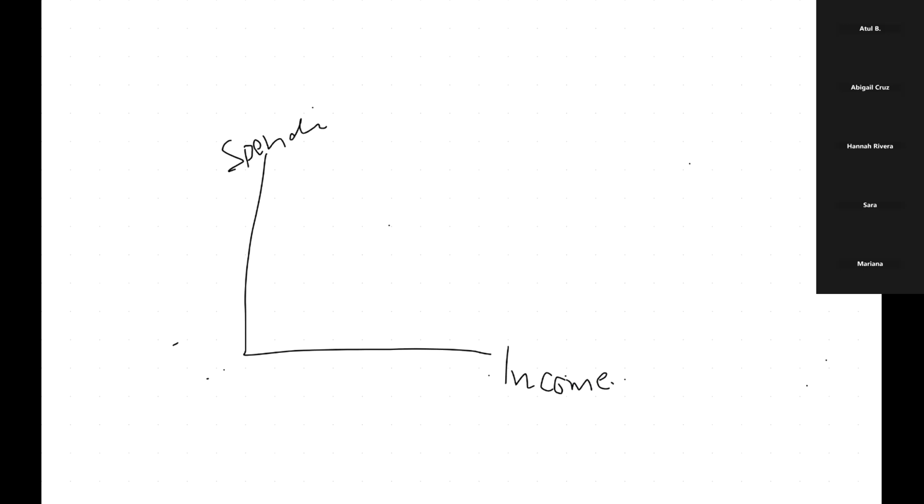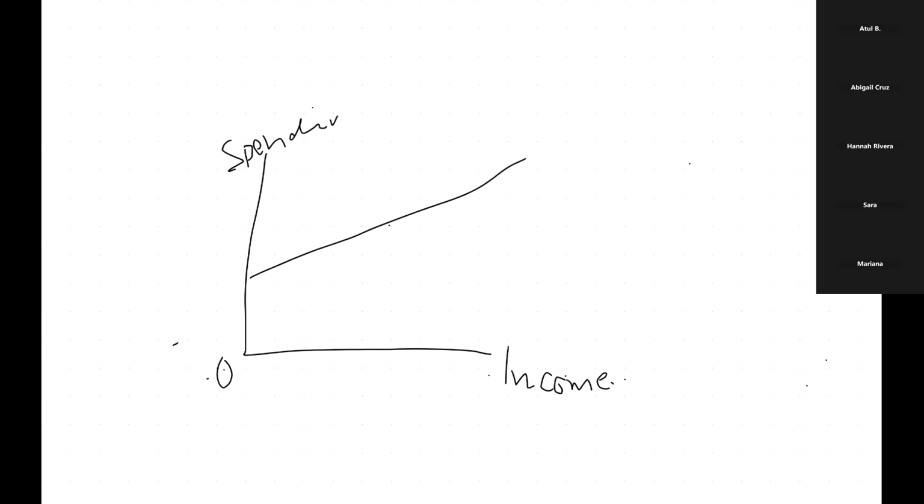Let's say I collect the data of 35 students, their income and their spending. The higher the income, the more the spending. So this line shows that if you increase the income, you will also increase the spending.